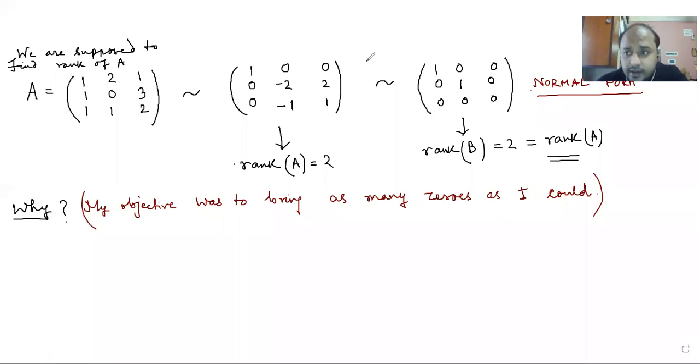I did this also by keeping in mind another theorem which is there in the book, and I'm going to write it. The theorem number is 3.6.